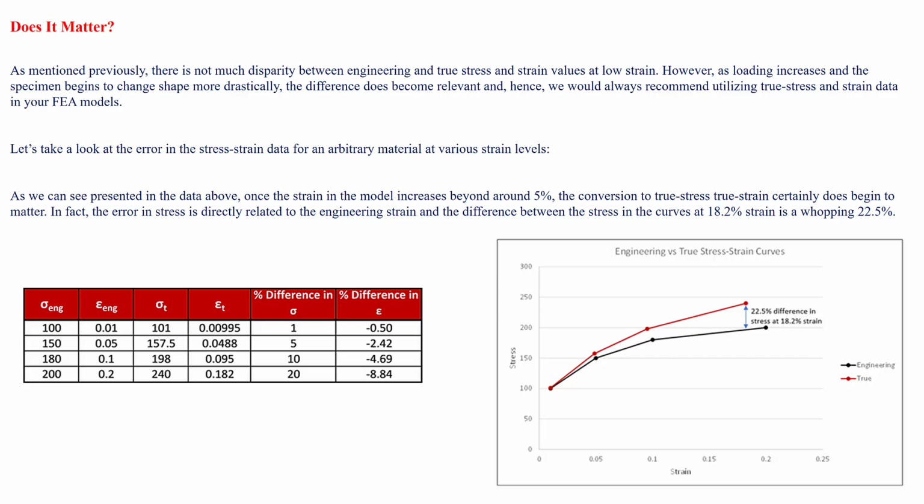And in the initial two stages, you can see there is not much difference: 100 engineering and true stress is 101, engineering stress is 150 and true stress is 157. That is only a minor difference, but at higher values it will completely change. So we recommend, if you are dealing with strain over 5%, you need to consider the true stress strain curves. I hope it's clear why we are going to use these things.